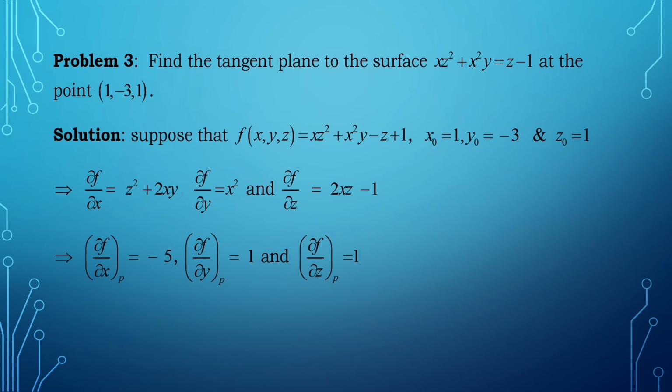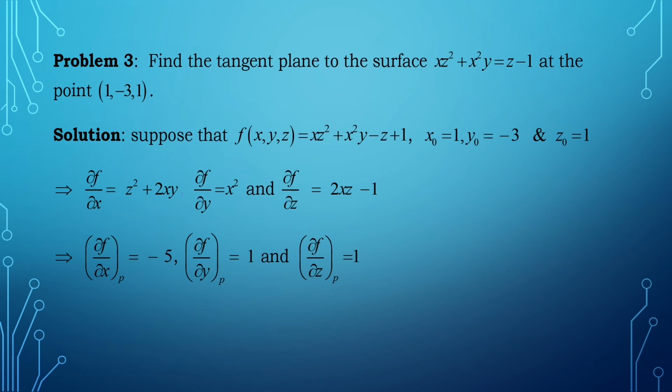Problem number 3. In this problem, we have to find out a tangent plane to the given surface at the given point. In this problem, the given surface is xz square plus x square y equals z minus 1. The given point P is 1 comma minus 3 comma 1.